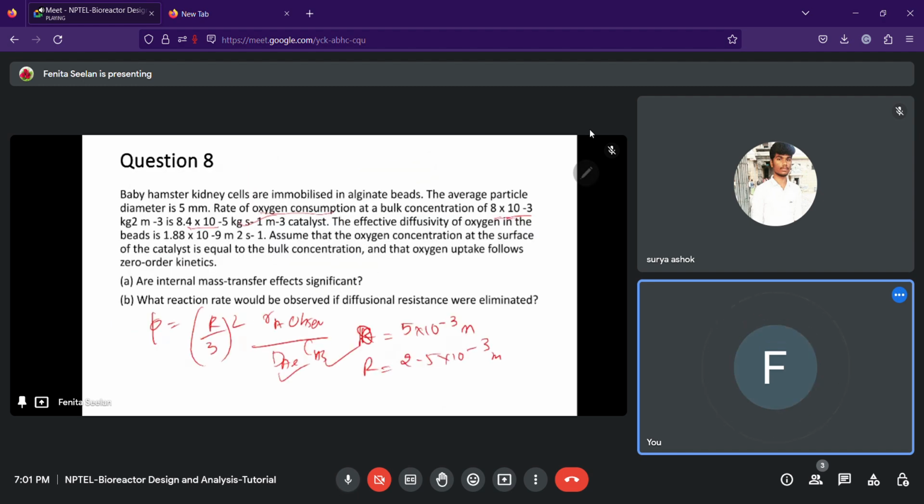So the internal mass transfer effects are significant if your Thiele modulus is greater than 1, right? So what does it mean?